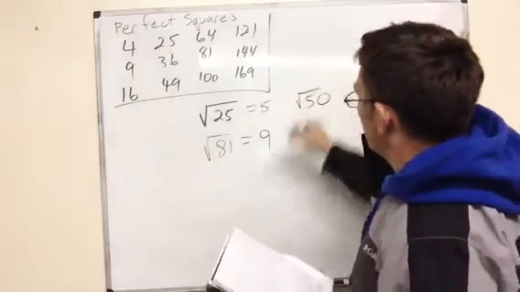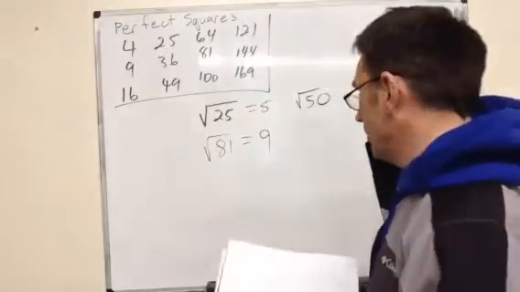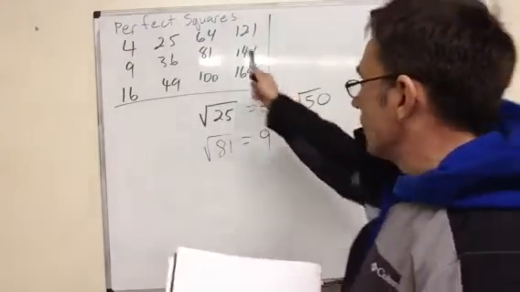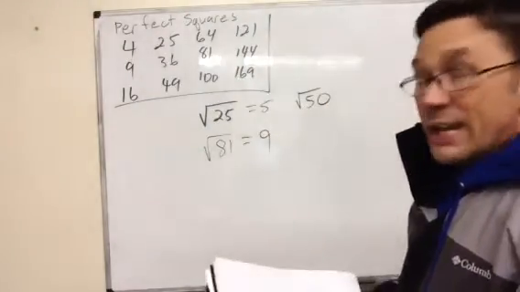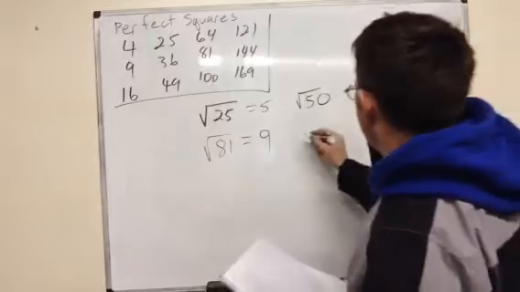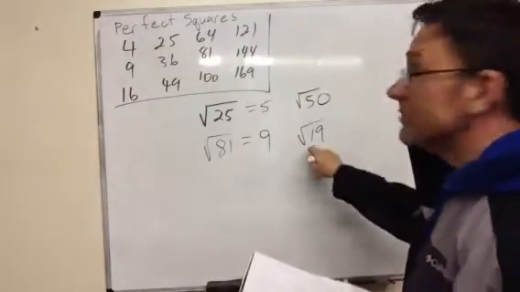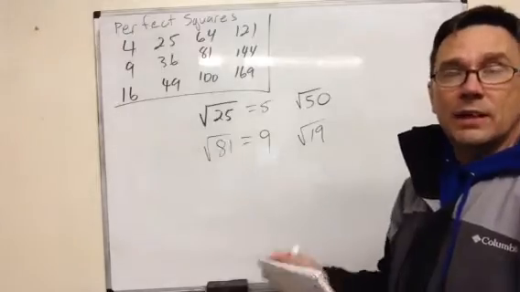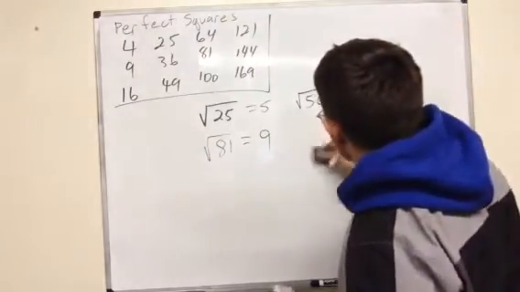But we want to be able to reduce that in a special way. One of the ways we do that is to find perfect squares that are factors of this to see if there are any. Some we can't reduce at all. Like if we have the square root of 19, there's no number, we can't reduce it. We would leave it as the square root of 19.